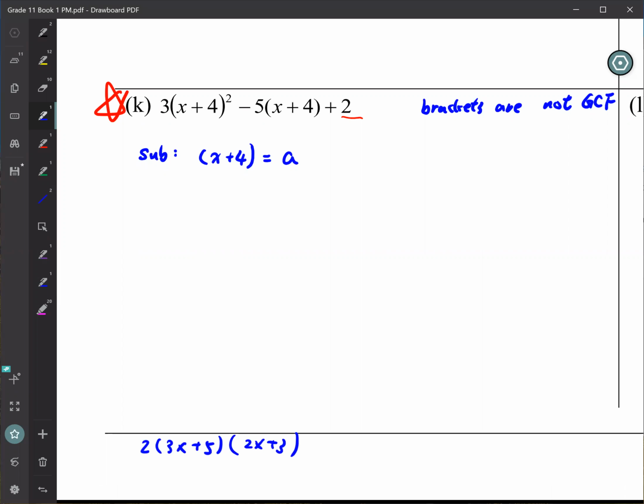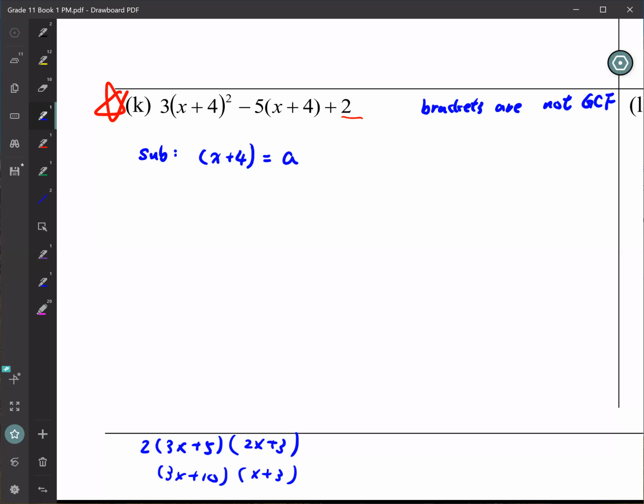Jiawen, how about you? I got 3 bracket 3x plus 10 bracket x plus 3. So no other things, yeah? Okay.